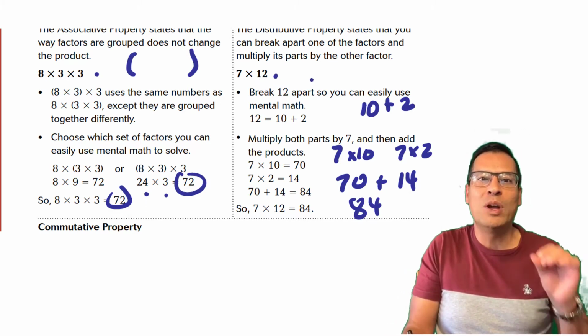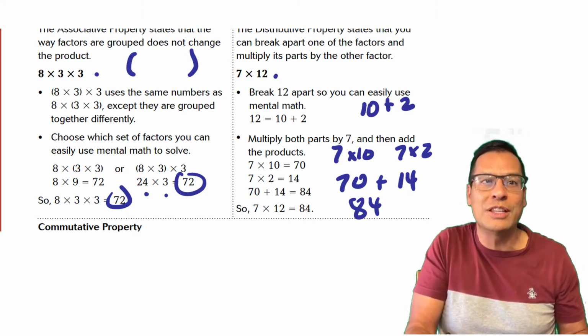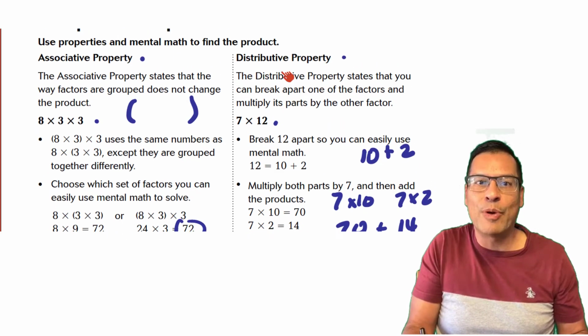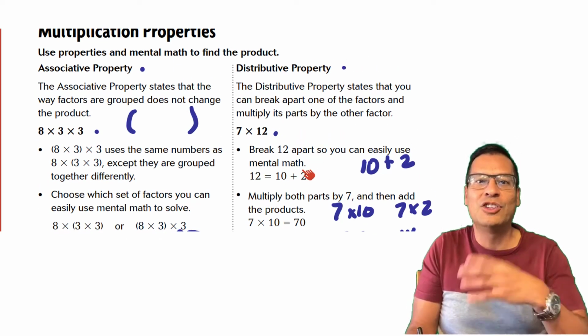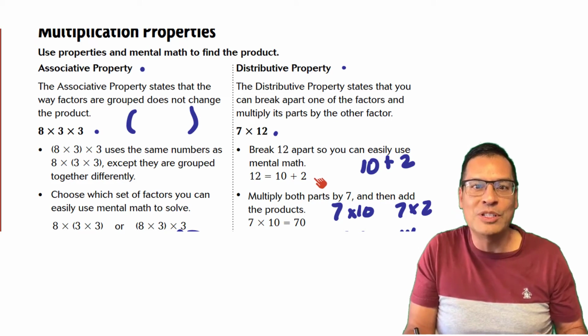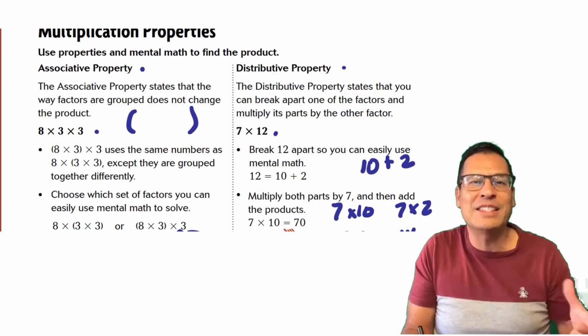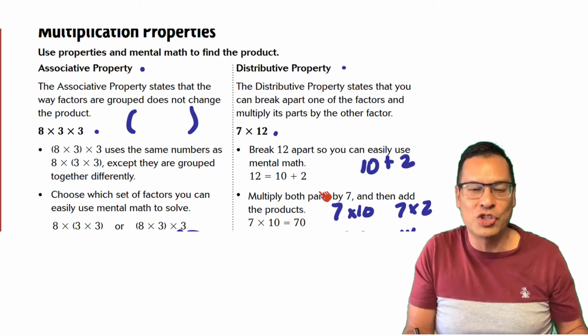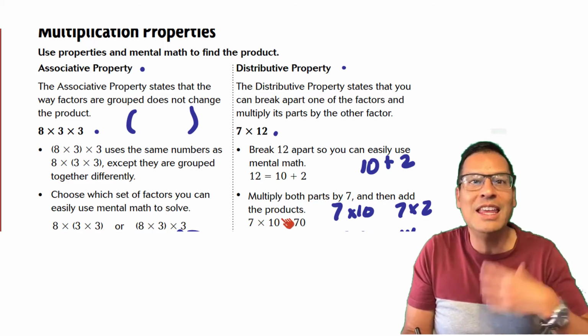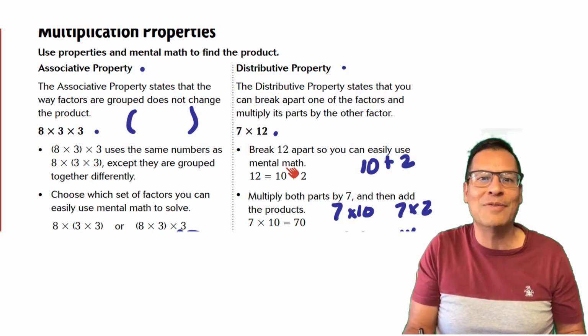So again, we can use the distributive property to break apart maybe a larger number into easier-to-use numbers, and in this case we used 10 plus 2 because 7 times 10 is really easy to remember from my multiplication facts.